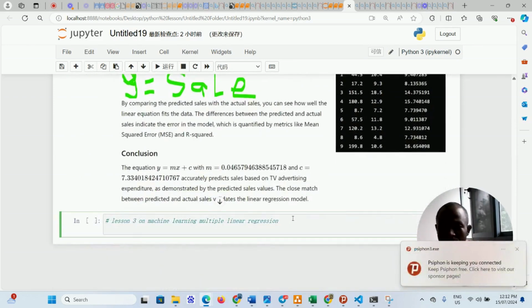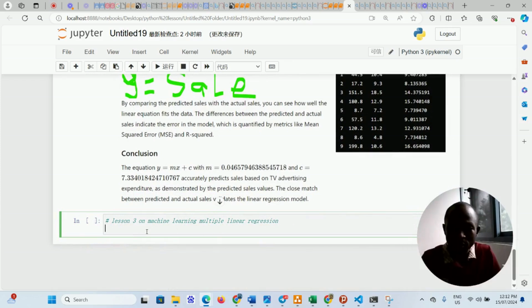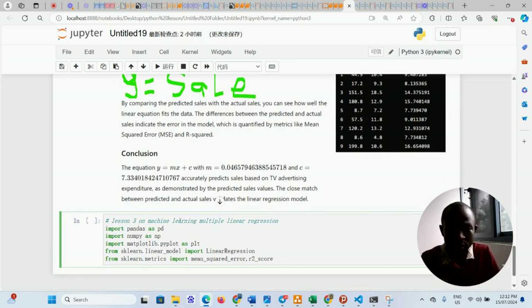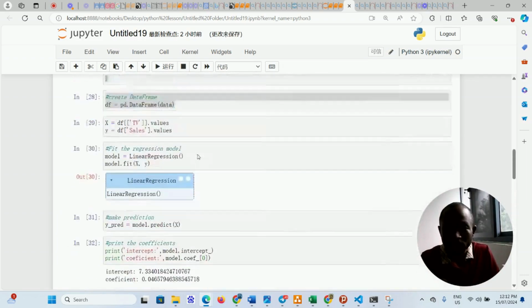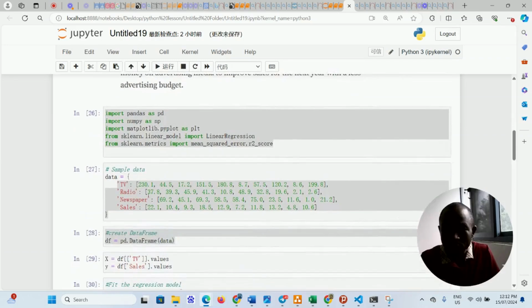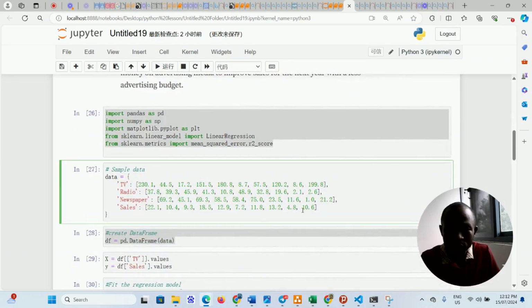Let's say lesson 3 on machine learning. So we are on multiple linear regression. You run it, just copy. Now we come here, since we did this other one also, we copy this.